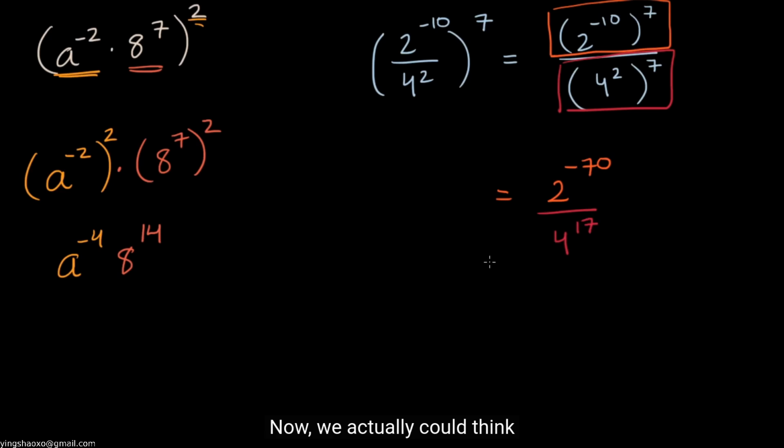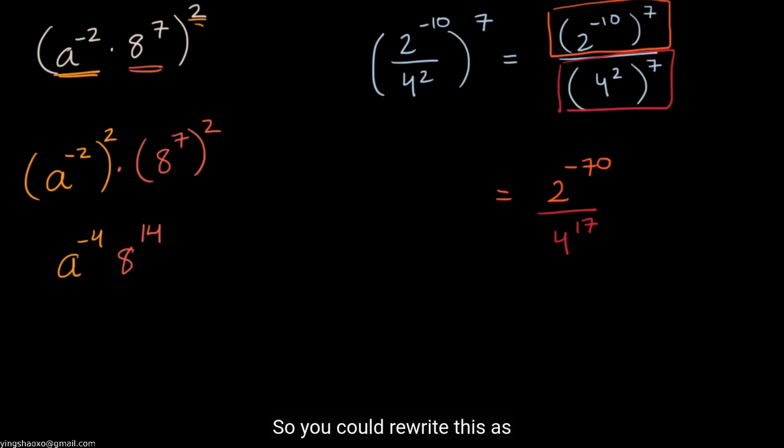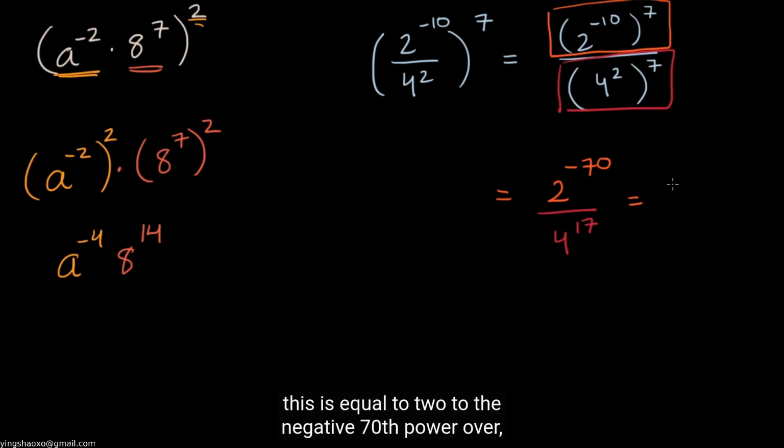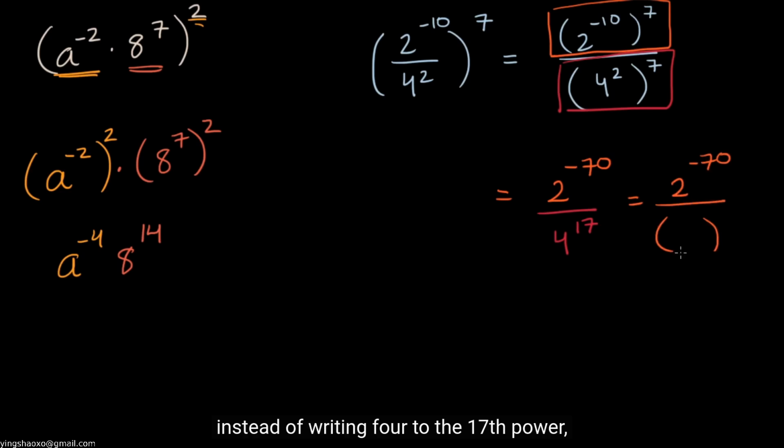Now, we actually could think about simplifying this even more. There's multiple ways that you could rewrite this. But one thing you could do is say, hey, look, 4 is a power of 2. So you could rewrite this as 2 to the negative 70th power over, instead of writing 4 to the 17th power, why did I write 17th power?